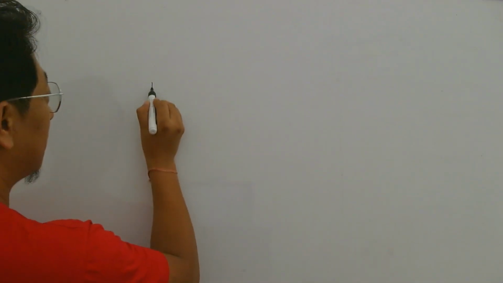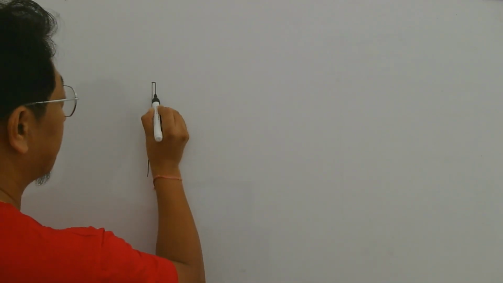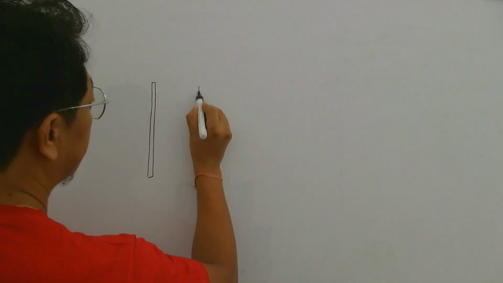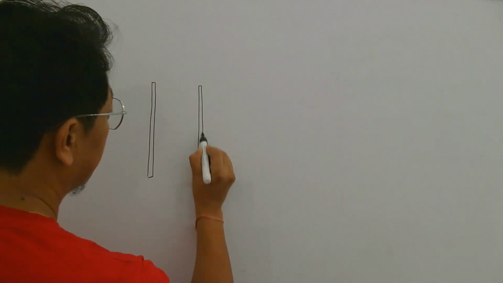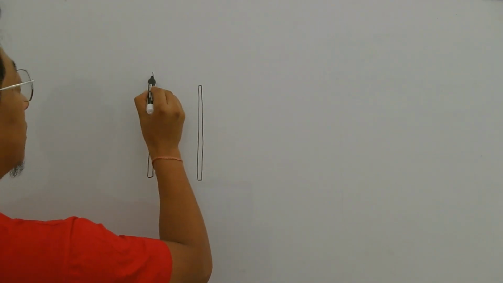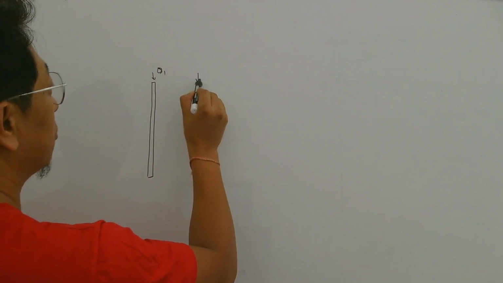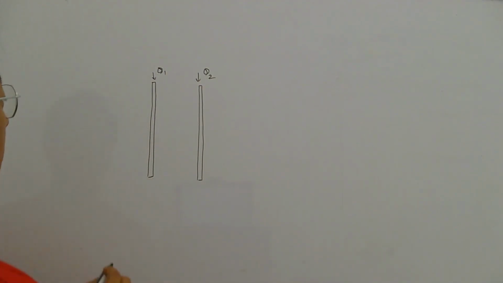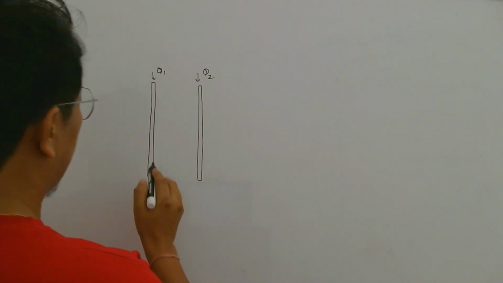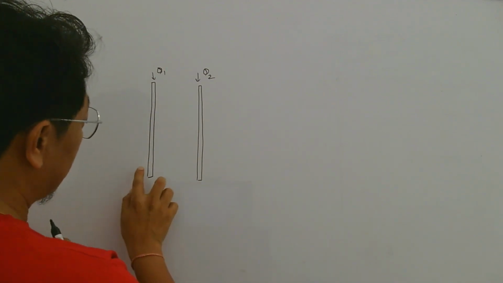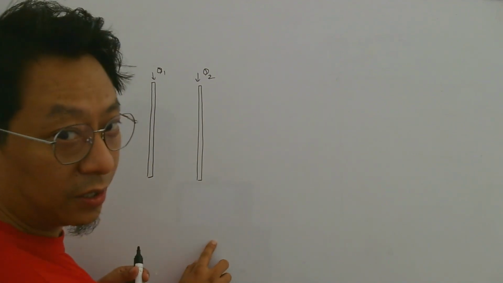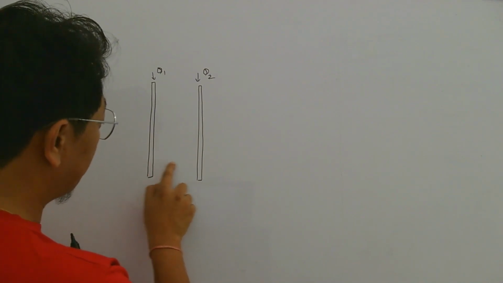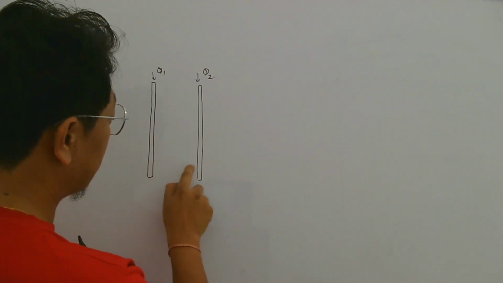So let me consider these 2 plates, okay? And I have given initial charges q1, q2. These are 2 large plates, okay? Now let me try to tell you that if no plate is grounded, then what is the distribution of charge on the surfaces of the plates?